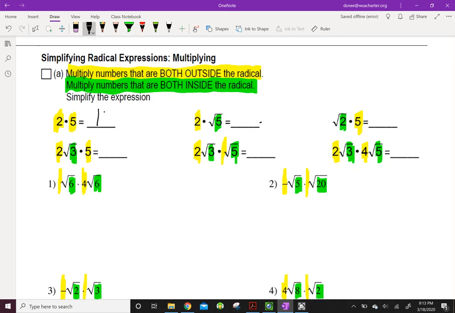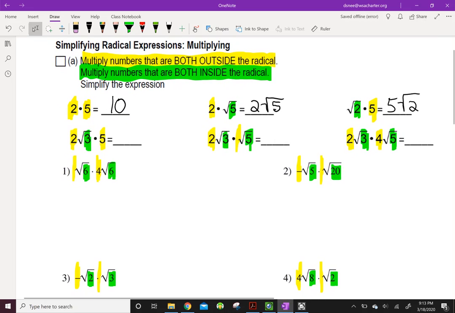2 times 5 is 10. 2 times 1 is 2, and square root of 5. Over here, I can't change much of anything. 5 times 1 is 5 times the square root of 2. In the next example, I can multiply the 2 and the 5. They're both outside the radical symbol, and that gives me 10 times the square root of 3.